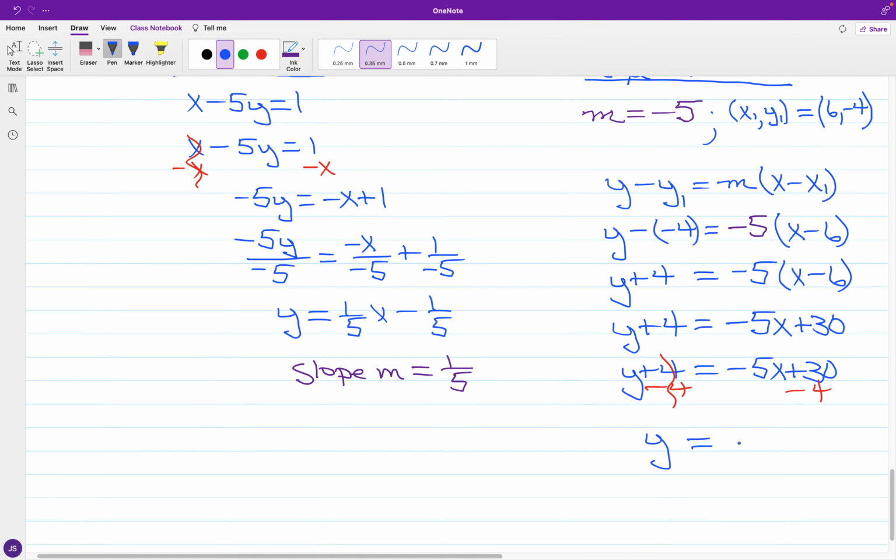And so in this outcome, for the slope-intercept, we'll have y equals -5x plus 26. Okay, so this will be the slope-intercept equation.